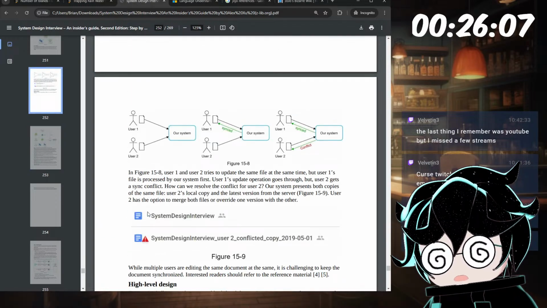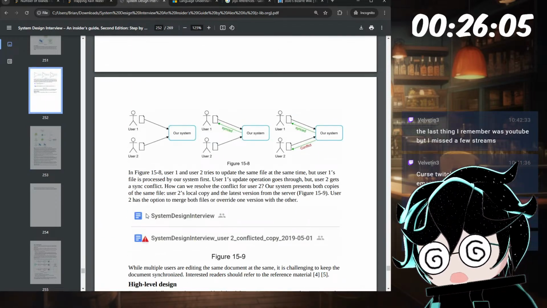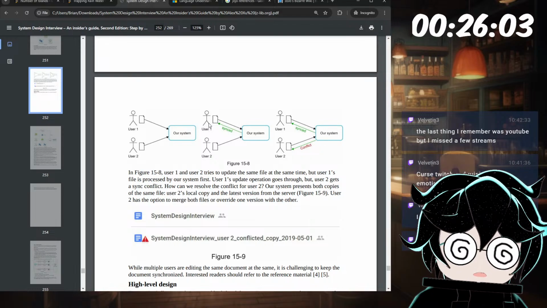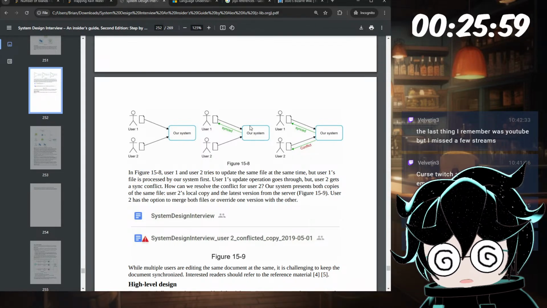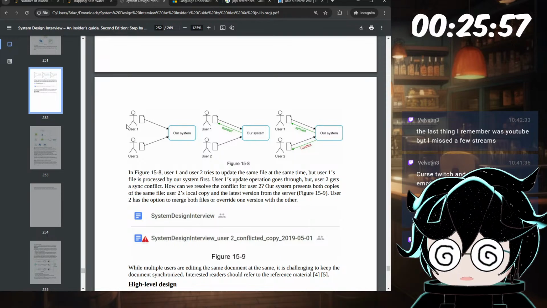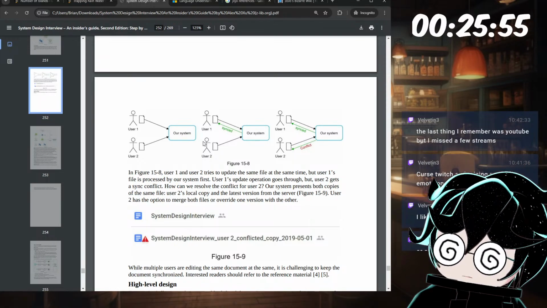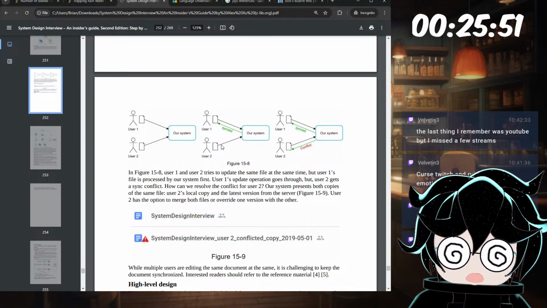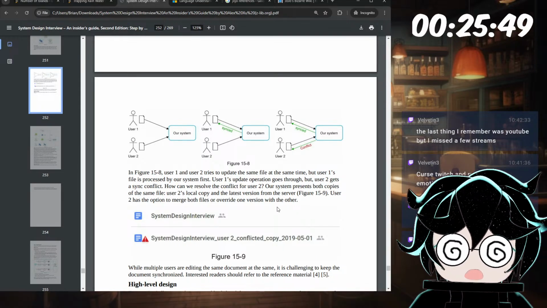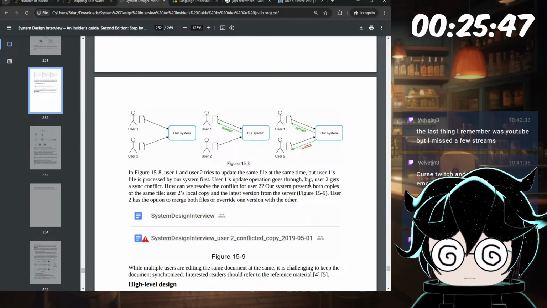What else did we learn? Oh yeah, for conflicts. In this design, if there's a conflict, it's first come, first win. Whoever modifies it first wins. And if there's a conflict, we keep 2 of them.